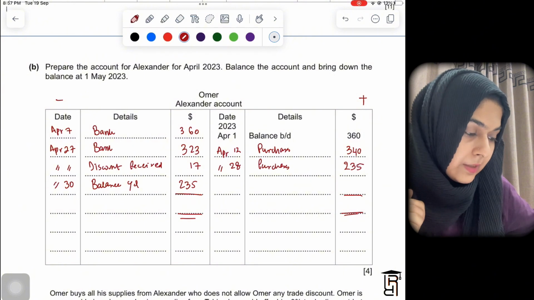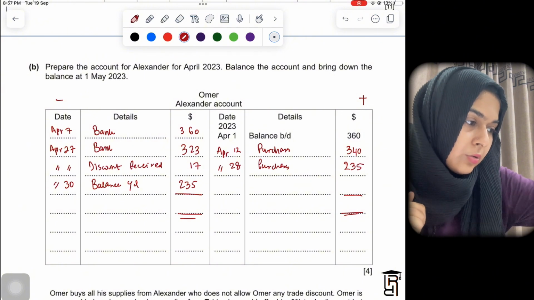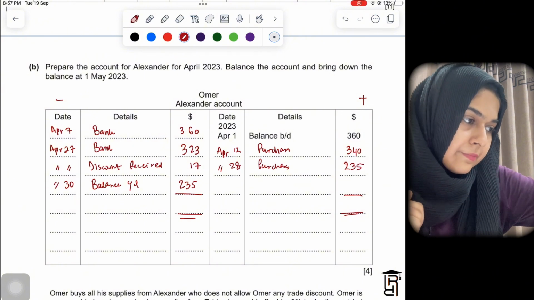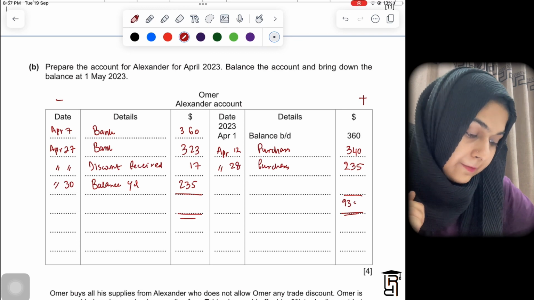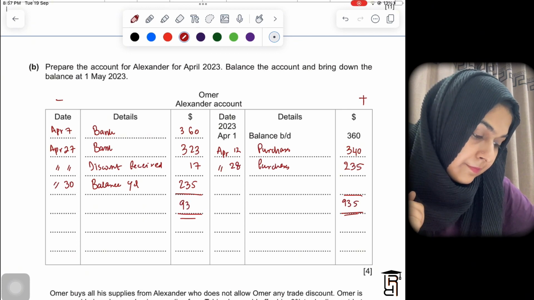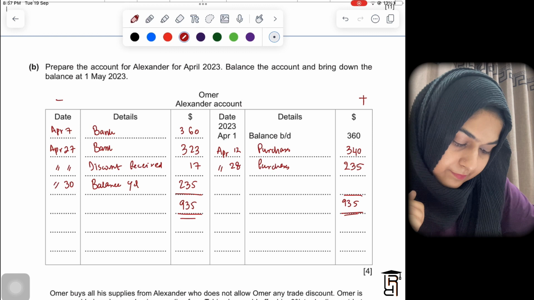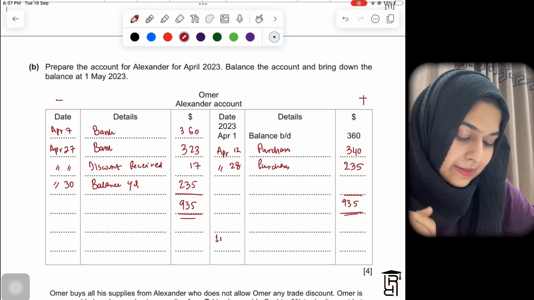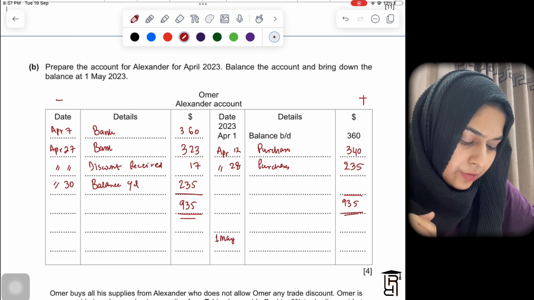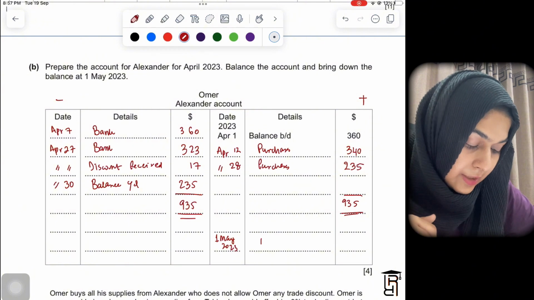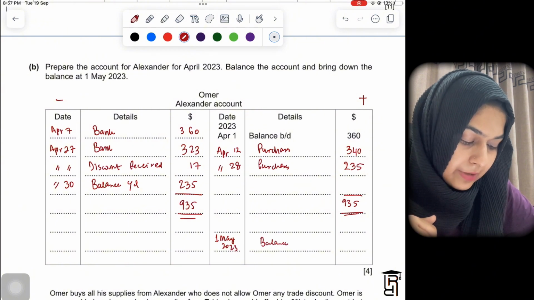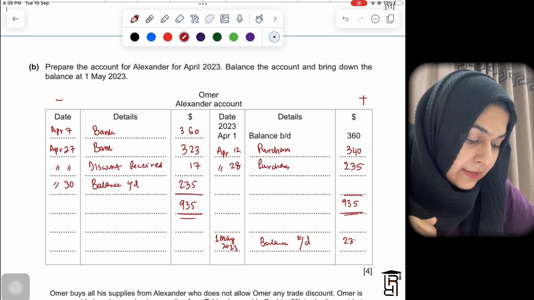The total of this account will be 935. And this balance carried down will become your balance brought down on 1st May 2023. You'll write here balance brought down, and you'll write here 235.